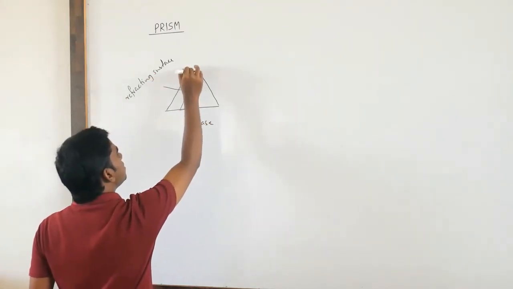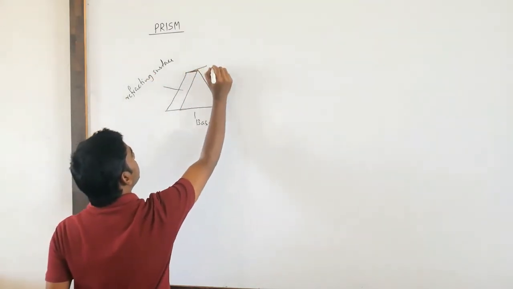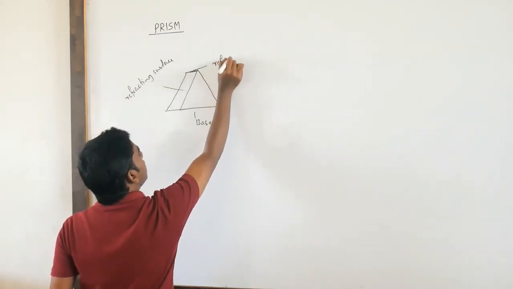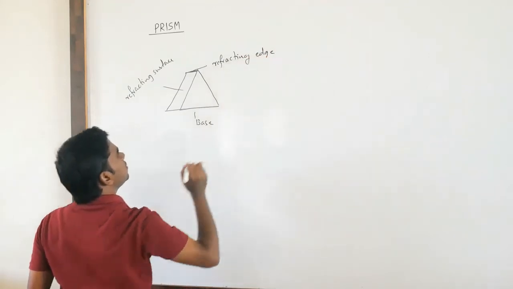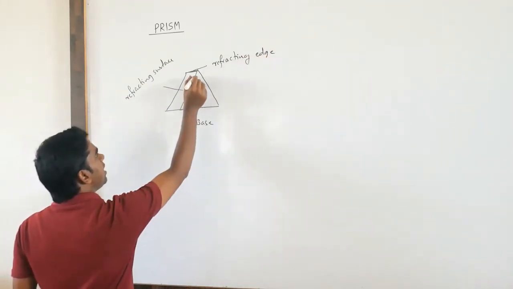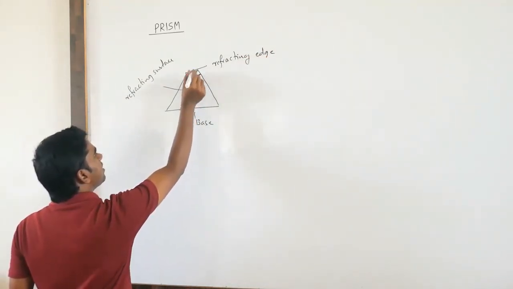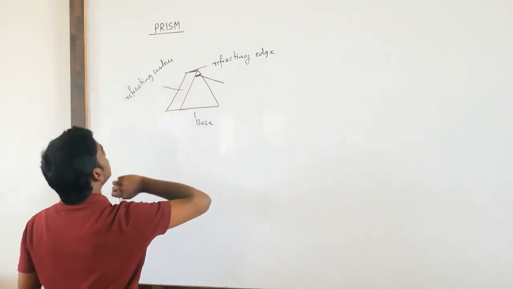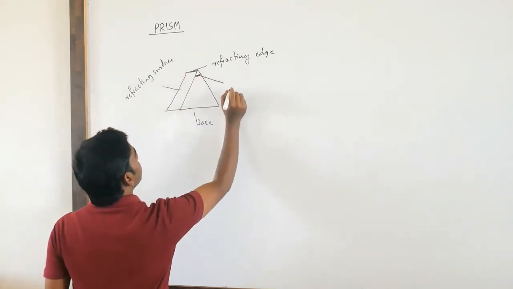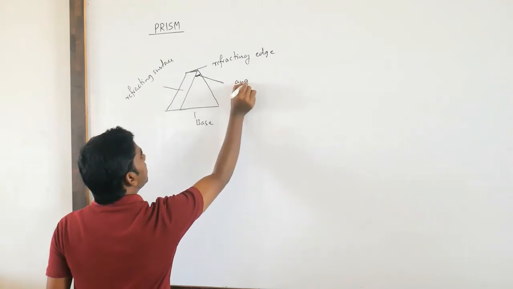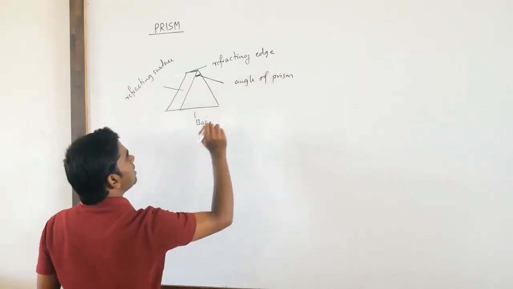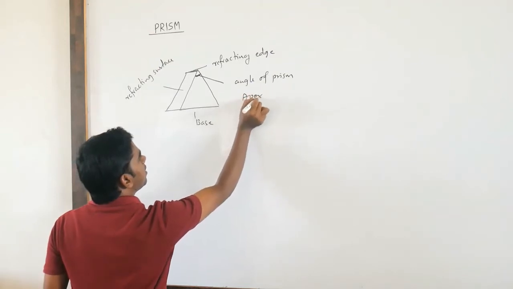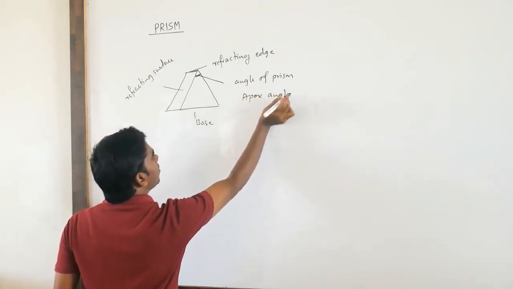The line separating the two refracting surfaces we call the refracting edge. Similarly, the angle between the two refracting surfaces is called the refracting angle or angle of prism, also called the apex angle of the prism.